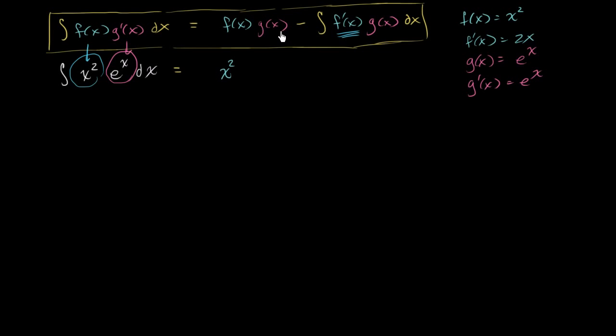X squared times g of x, which is e to the x, minus, let me do that in that yellow color, I want to make the colors match up, minus the antiderivative of f prime of x. Well, f prime of x is 2x. 2x times g of x. G of x is e to the x dx.